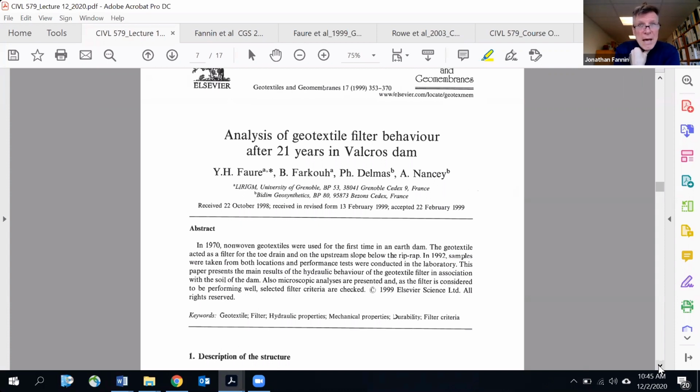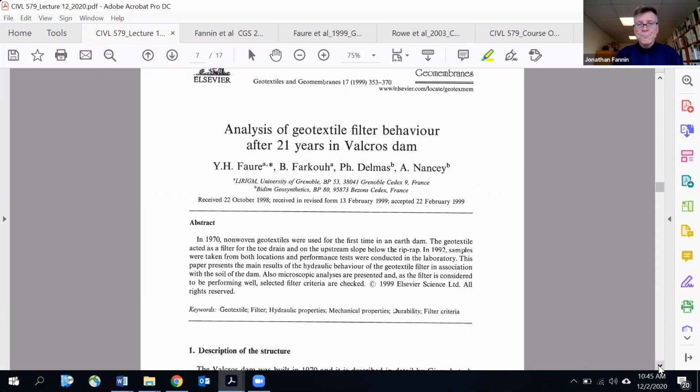He sent me maps, annotated Google Earth photos, and the name of the contact in the local municipality. And long story short, I got a guided tour of Valcross Dam, which was a privilege.